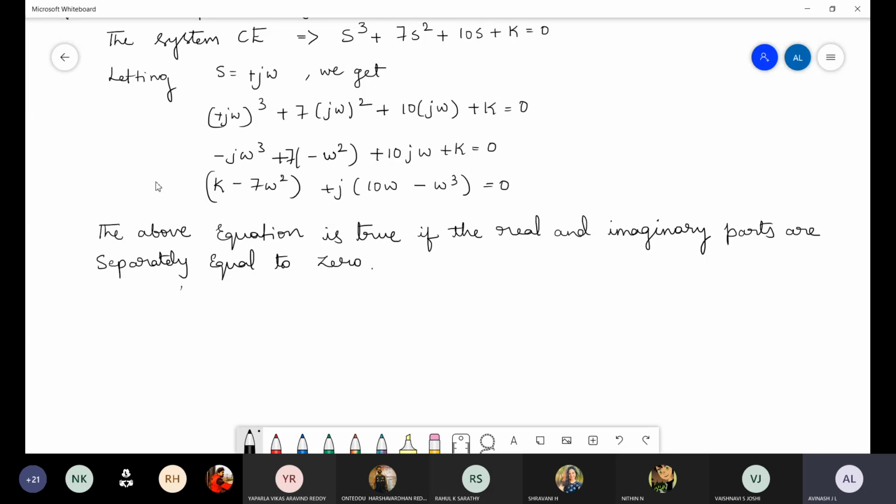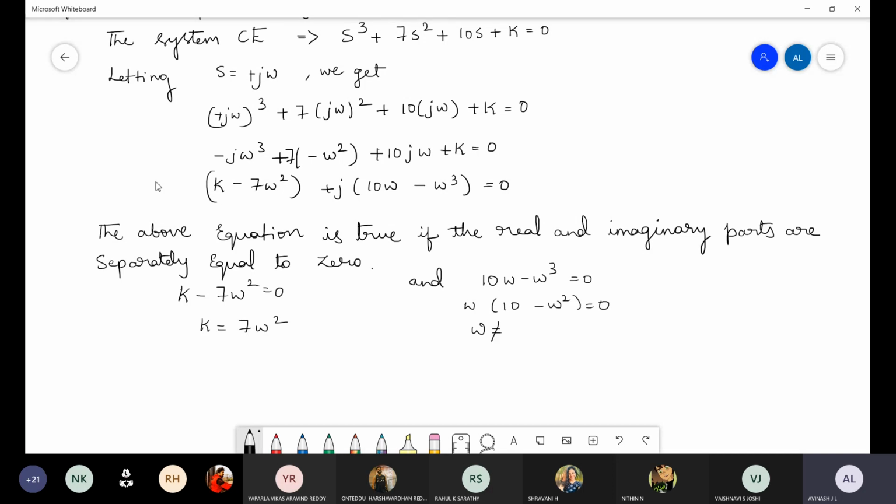So k minus 7 omega square is equal to 0, so k equals 7 omega square. And the other condition is 10 omega minus omega cube equal to 0. Take omega common, so 10 minus omega square is equal to 0.